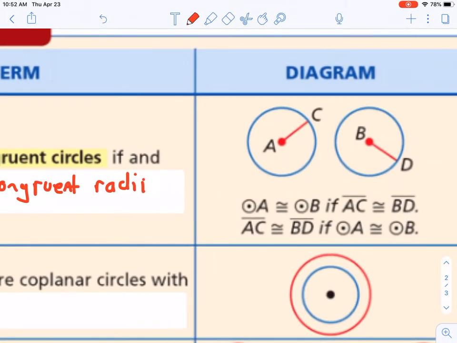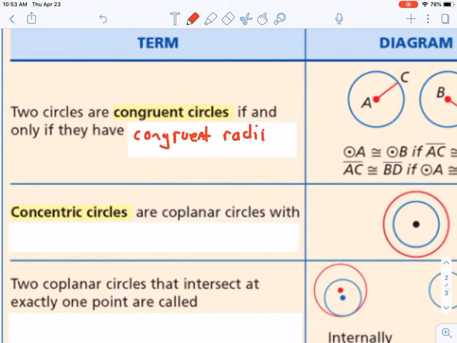So you can see here, because segment AC is congruent to segment BD, and because those are the radii of each circle, then we know that those circles would be called congruent circles.